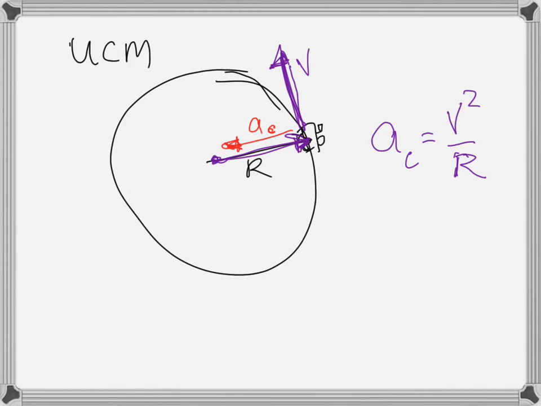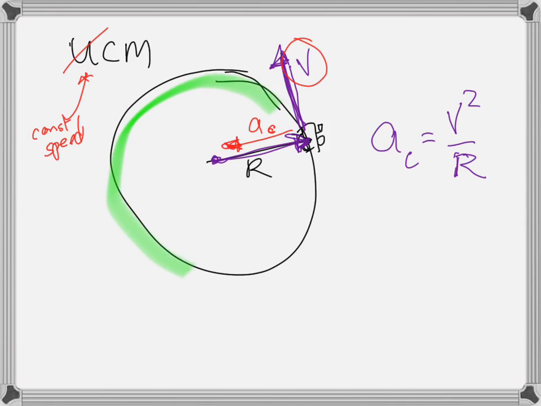Now I will say here, what if it's not uniform? Uniform means constant speed, that you're going at constant speed around a turn in a circle. But if it's not uniform, it means your speed is changing, so you're speeding up or slowing down as you go around this circle.